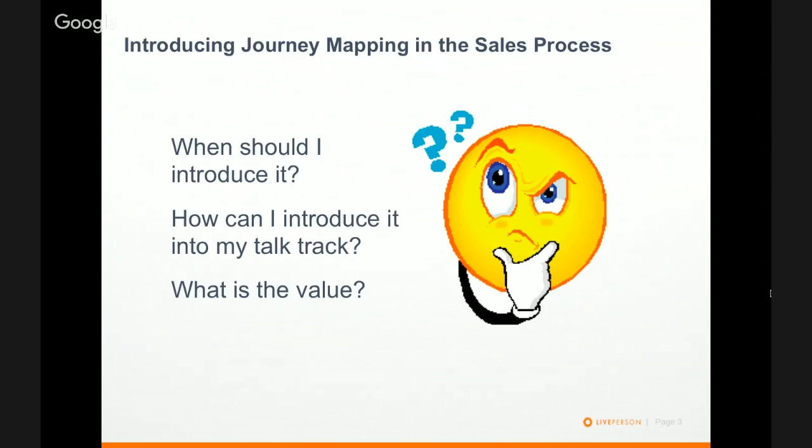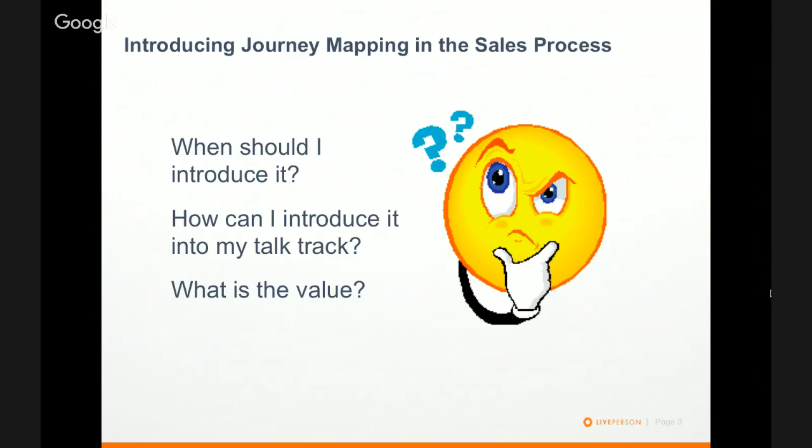So as Chris mentioned, he and I worked together on this with MassMutual. And with MassMutual, we introduced the journey mapping process very early in our conversation with them. So we introduced the methodology actually at the initial face-to-face meeting that we had with MassMutual. And we found that that was valuable in a couple different ways.